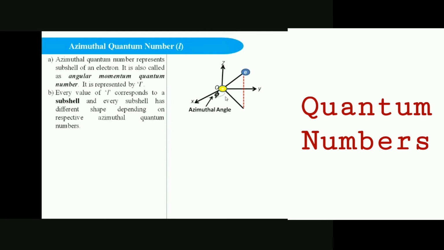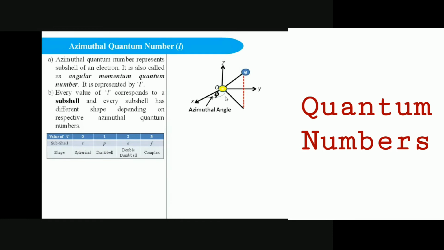It represents the subshell, and this electron will have various 360 degree angle orientations with the nucleus. It will move at every angle, and this azimuthal angle which corresponds to the subshell will have different shapes. So here comes shape as the first parameter, and it is represented by different shapes.